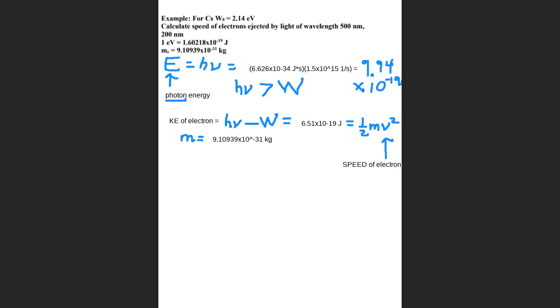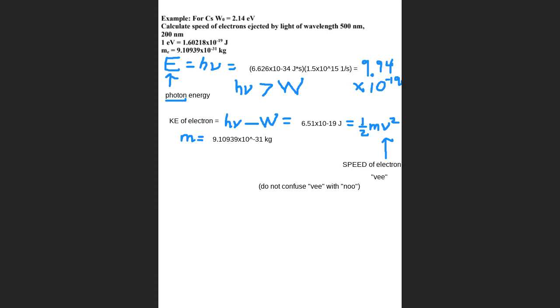Okay, it's very important, in these problems and throughout the course, to avoid confusing the v with the nu. Speed of electron actually is a v.